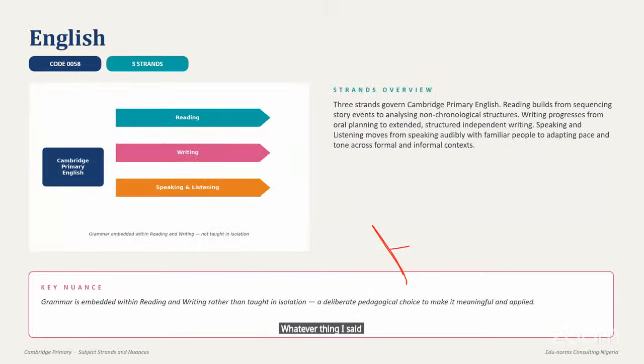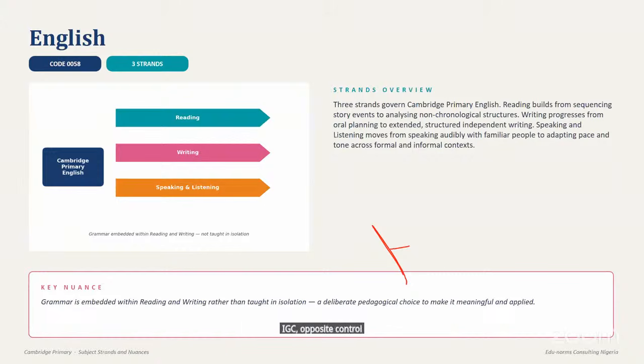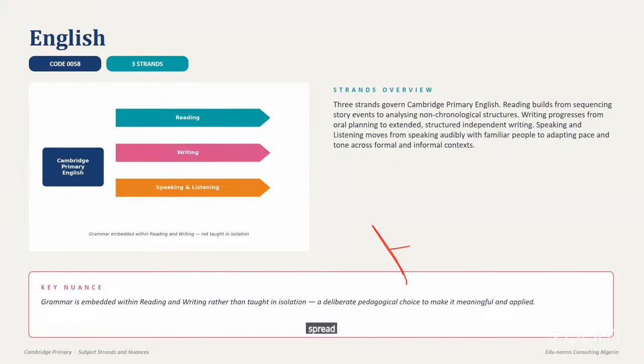Whatever I said for English language, English as a first language covers primary, lower secondary, and upper secondary. The strand system is the same from Checkpoint English to IGCSE English, upper secondary. So upper secondary teachers will not say he didn't talk about my side. Excuse me, English language spreads from primary to upper secondary. The strand system is the same.